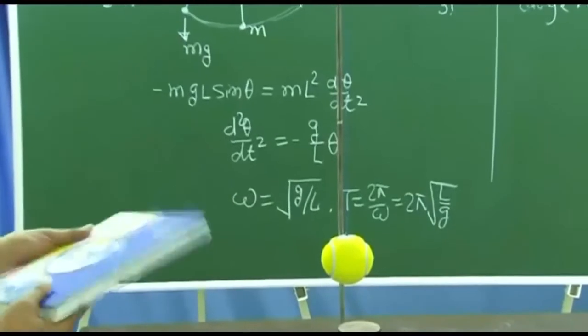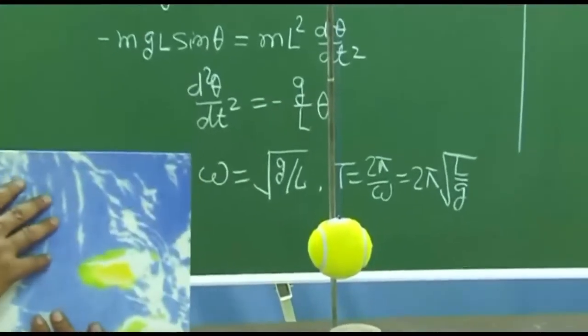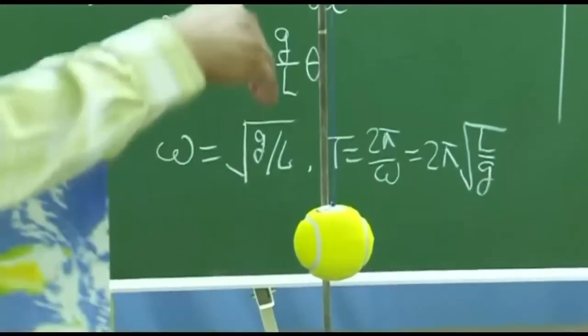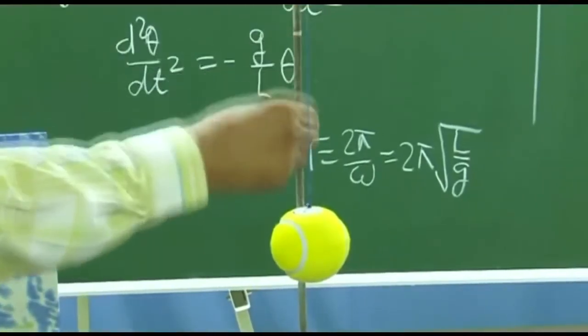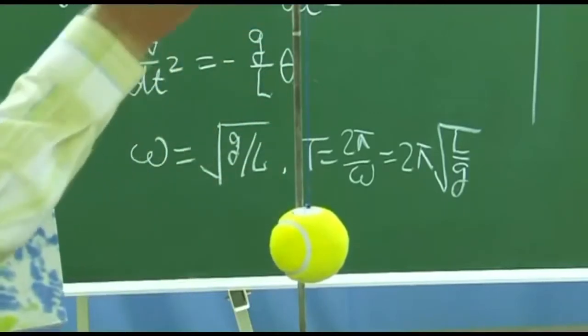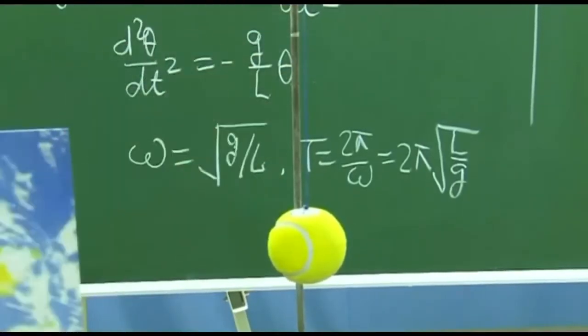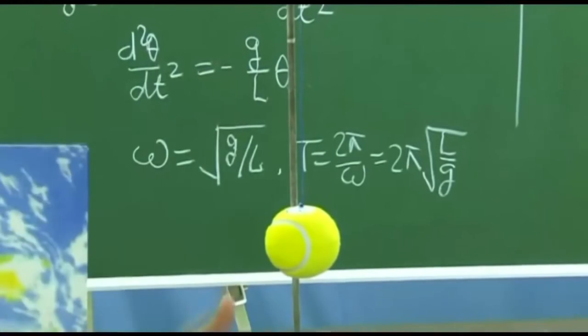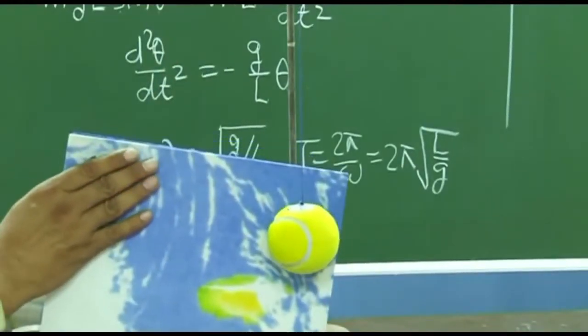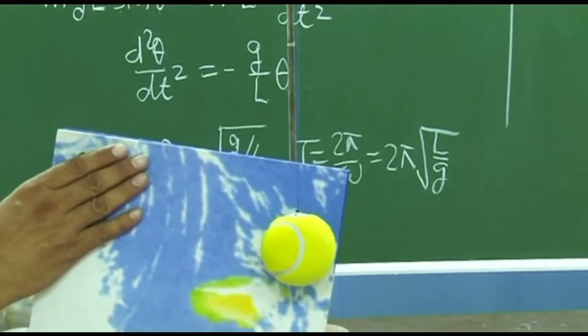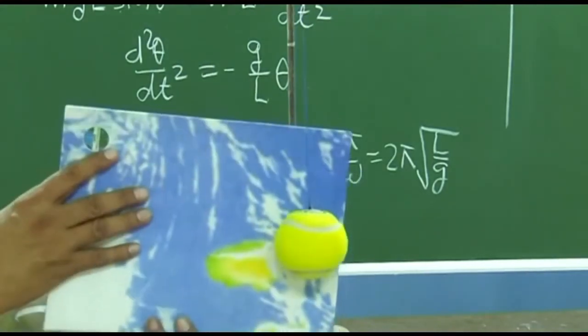So first is when I am displacing it parallel to this plane made by this rod here, this is stand, and this thread in equilibrium position. So this is the reference plane, you can say, and in this plane itself I am displacing it, and I will release it.